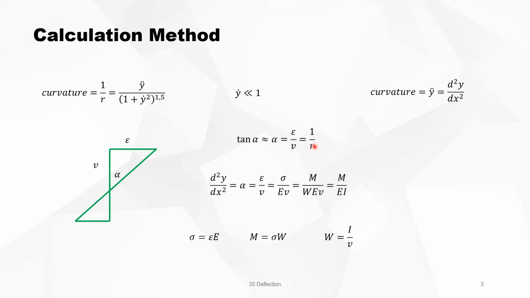We have seen that the curvature equals the second derivative, so the second derivative equals alpha, which equals epsilon over v. But epsilon equals stress divided by the modulus of elasticity, and the stress equals the bending moment divided by W, where W is the moment of inertia divided by v. So we see that the second derivative equals M over EI.